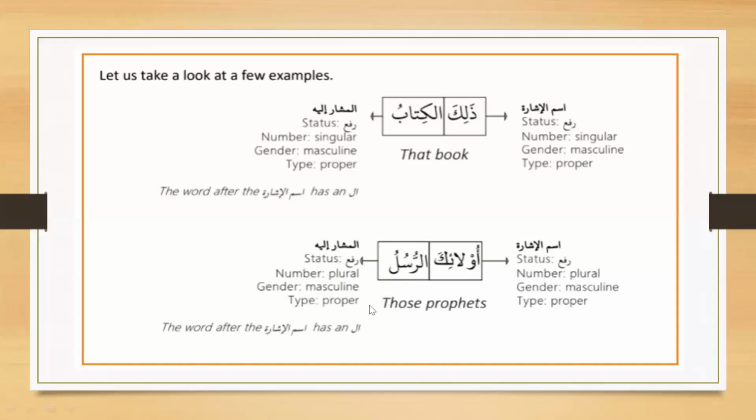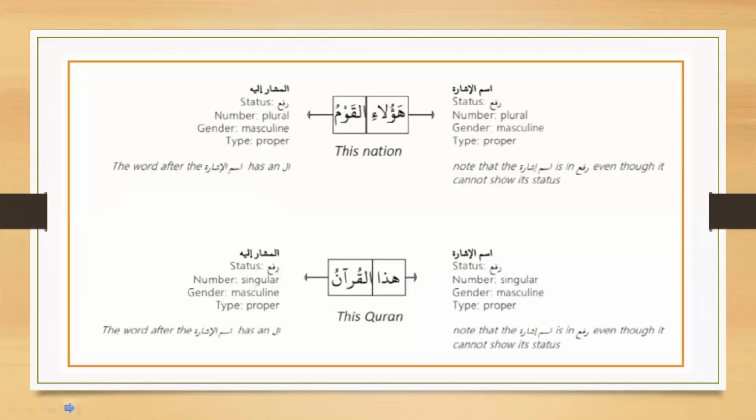And gender is masculine, and type is with al. This is called mu'arraf bil lam, made proper with lam, right? So it's proper with al. Okay, so these were the two examples of pointer fragment.